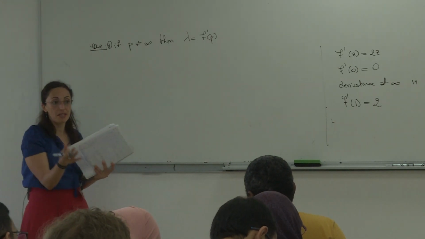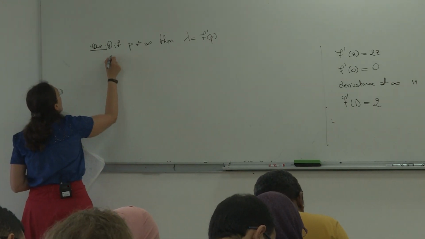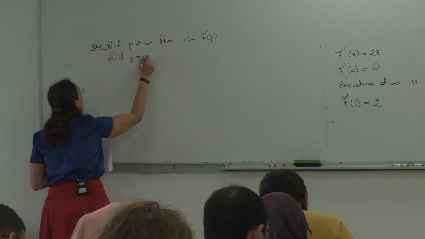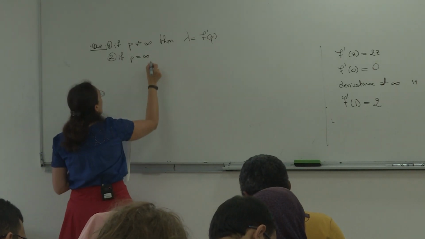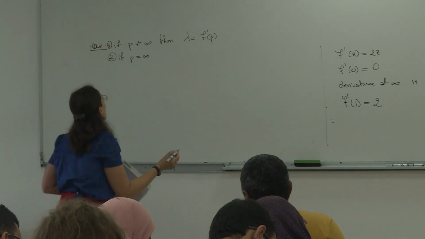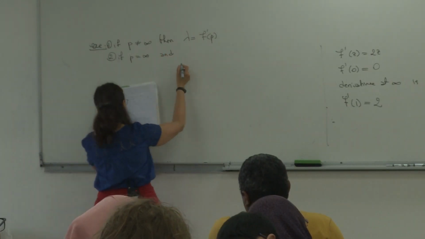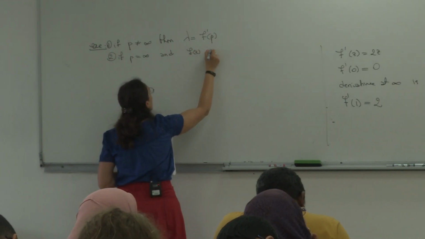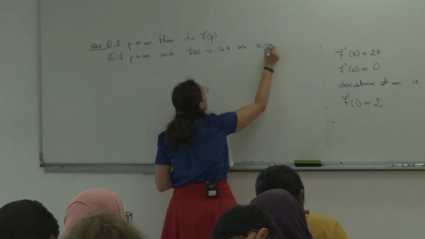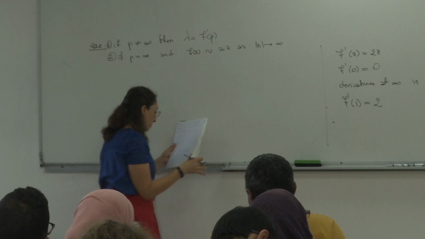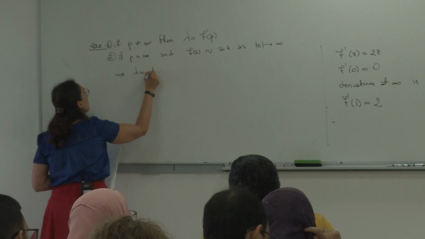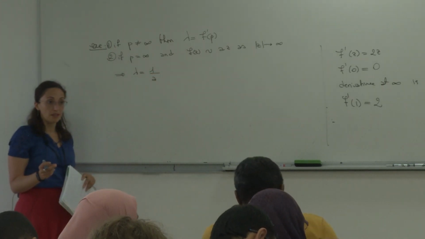So it's really given by the derivative, as we know it. If p is infinity, then you can look at the asymptotic development at infinity. If f of z is equivalent to az as z goes to infinity, then the multiplier lambda is going to be equal to 1 over a.